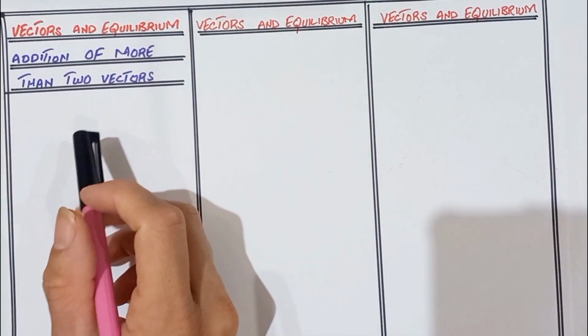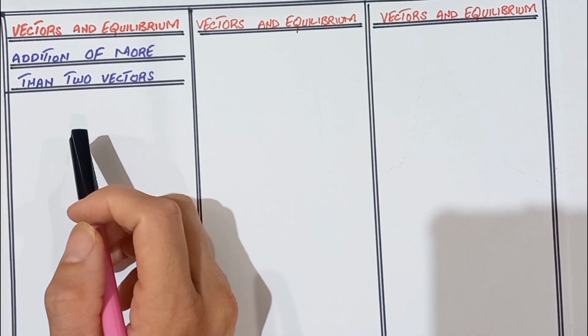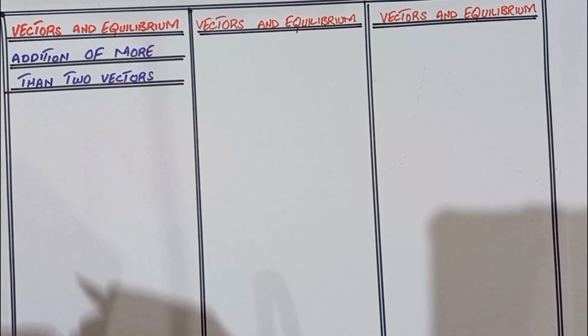Now we add two or more than two vectors. How do we add more than two vectors?